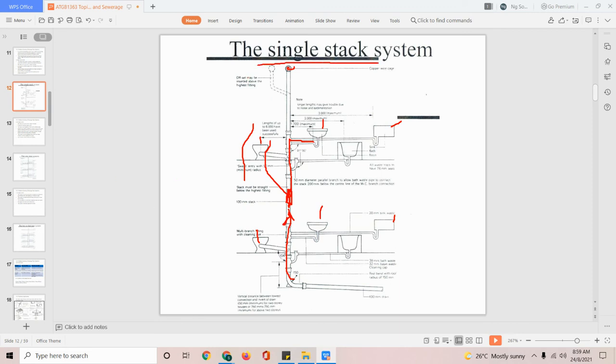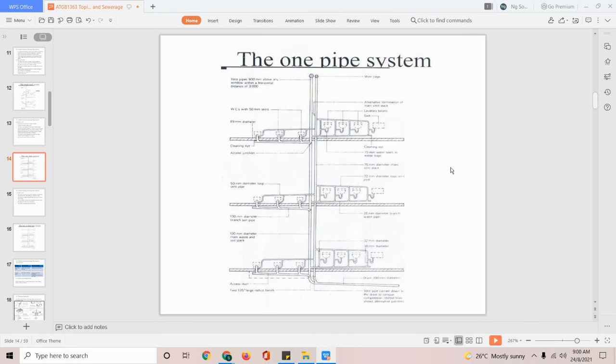So that's why single stack system is more for residential, for a small building. But when we go towards a bigger building, let's say a condo or an office building, where a lot of people might be using the toilet or the appliances at one time, then consideration will have to be taken to install an additional pipe, and we call this a one pipe system.